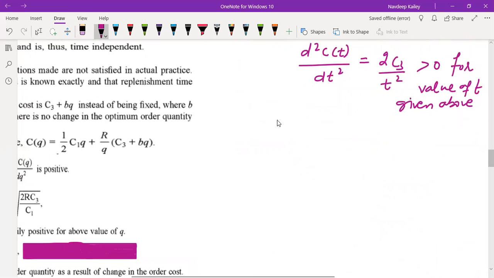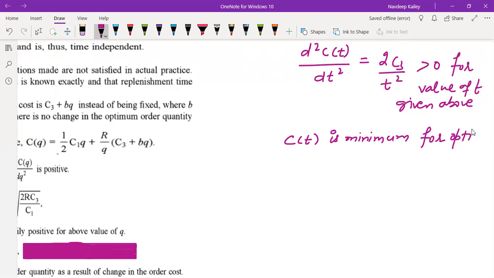Thus Ct is minimum for the optimal time interval T0, given by the square root of 2C3 upon C1R.